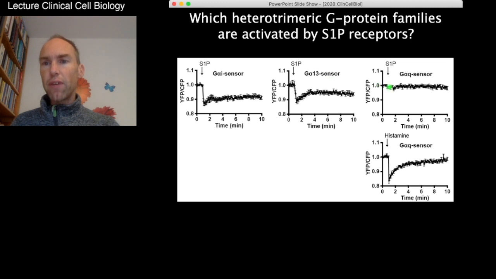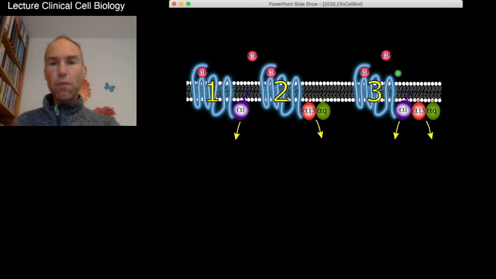We have here a G-alpha Q sensor which does not respond to sphingosine 1-phosphate, and we used a positive control, histamine, that shows that this sensor can be activated in endothelial cells. So it's not a general problem with this sensor. This sensor operates as it should, but it just doesn't respond to sphingosine 1-phosphate. So what we've learned from these experiments is that G-alpha I and G-alpha 13 heterotrimeric G proteins can be activated by sphingosine 1-phosphate.